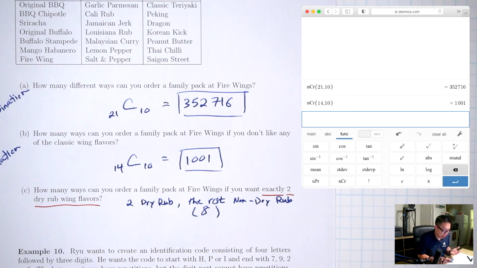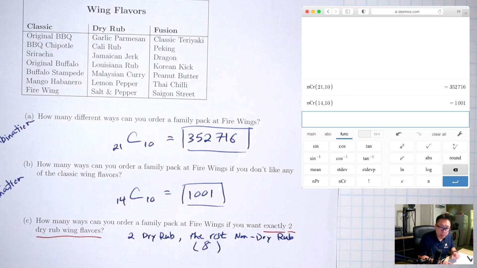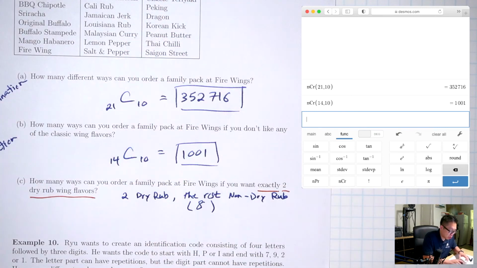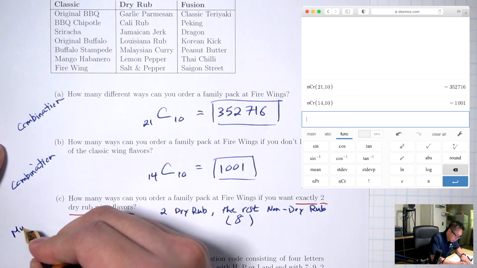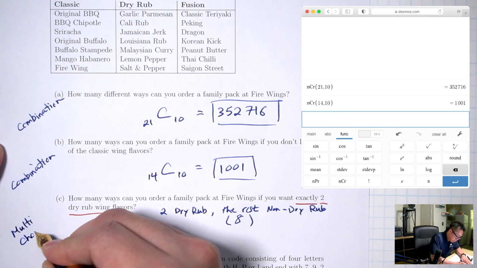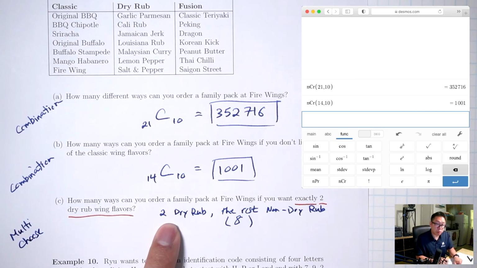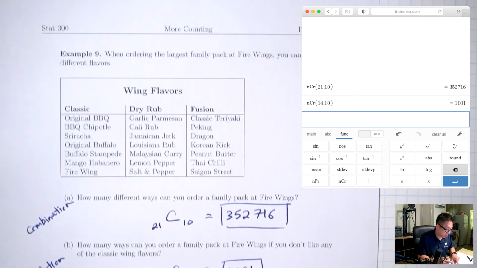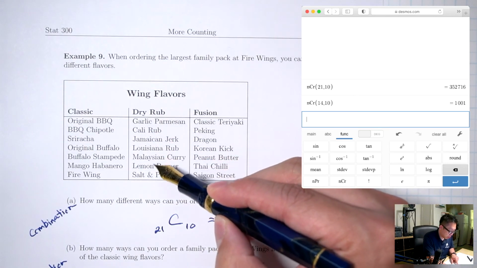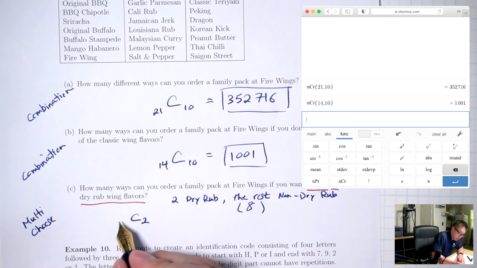So this is basically I want to choose 2 from the dry rub, and then I want to choose 8 from the non-dry rub. This is a multi-choose. Okay, so 2 from the dry rub. How many dry rubs do I have? 1, 2, 3, 4, 5, 6, 7. So 7 choose 2.